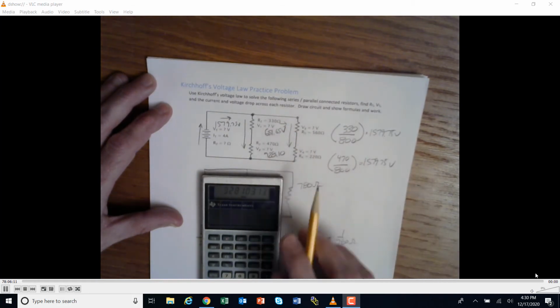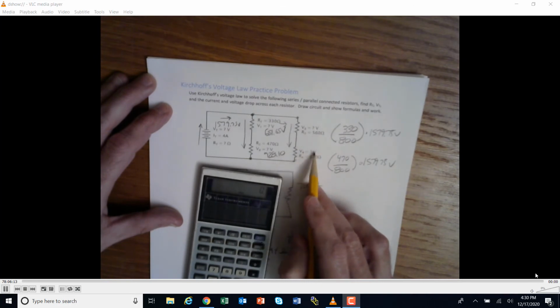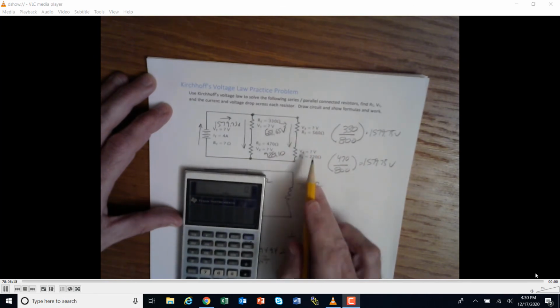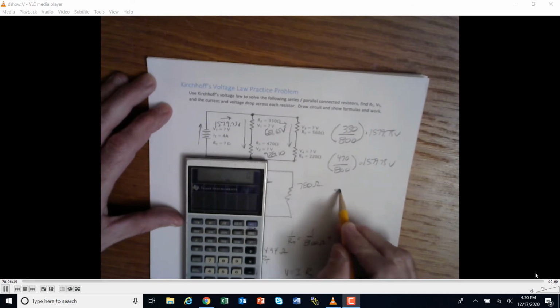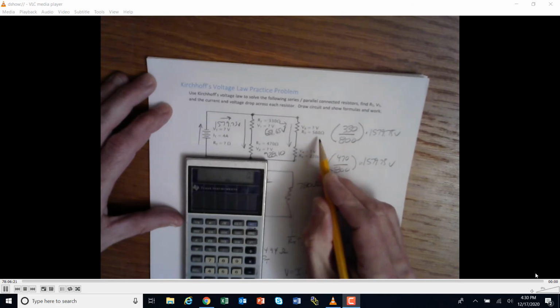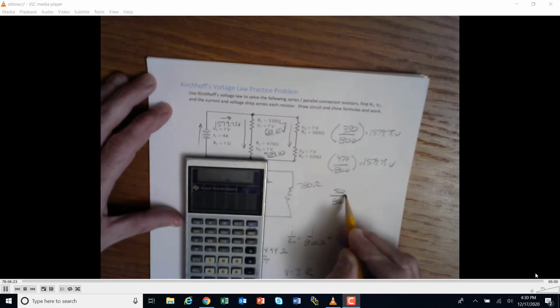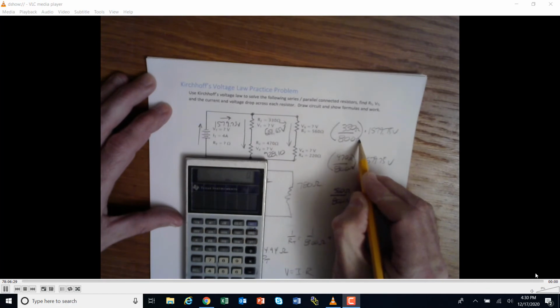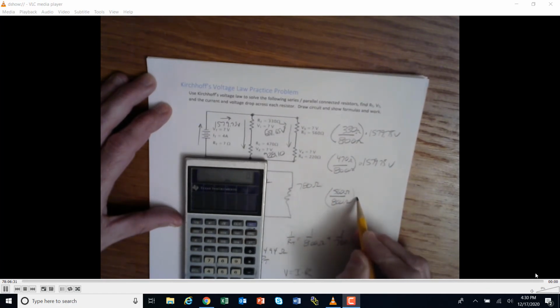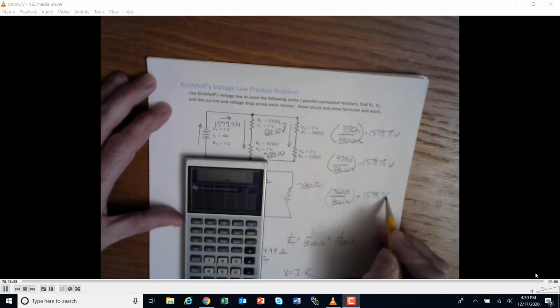Let's do this one. So these two were 780. So the ratio for this one is going to be 560 over 800. And you can put the ohms here if you wanted to, because they would end up canceling. So even if these had ohms on them, that's probably better to show that. And I'm going to multiply that by 1579.75.